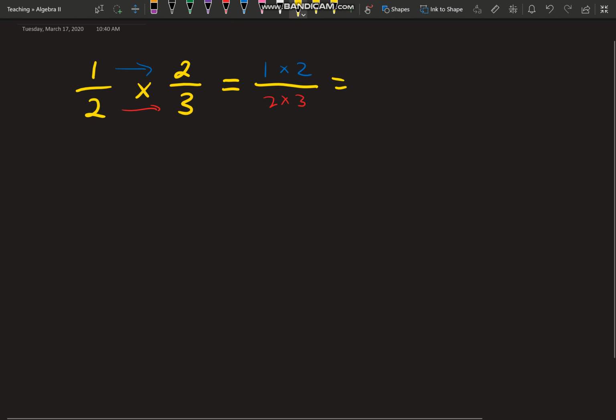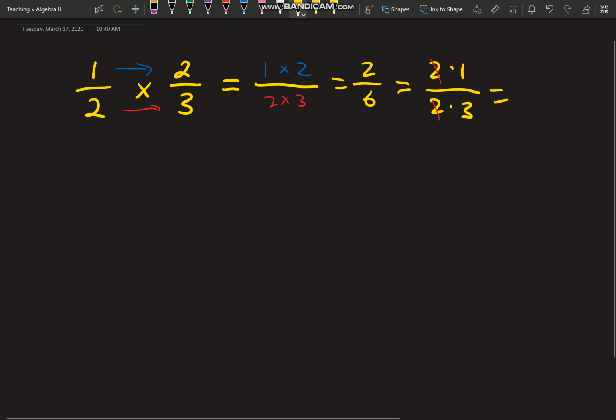And 1 times 2 is 2. And 2 times 3 is 6. And then remember we have to simplify from here. Remember 2 is the same thing as 2 times 1. 6 is 2 times 3. Remember our 2's cancel if they're divided by each other.